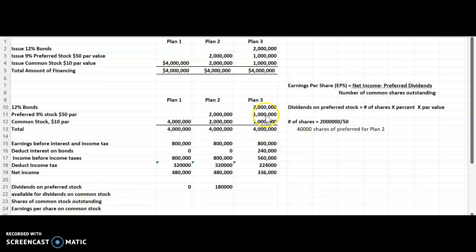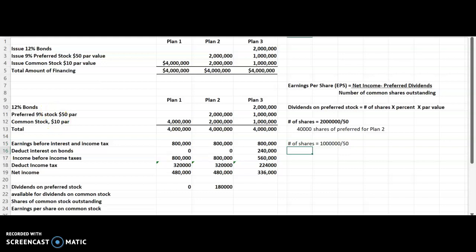For Plan 3, we will have to figure out how many shares we have, the number of shares. To calculate that, it's going to be equal to 1 million divided by your par value, which is 50.